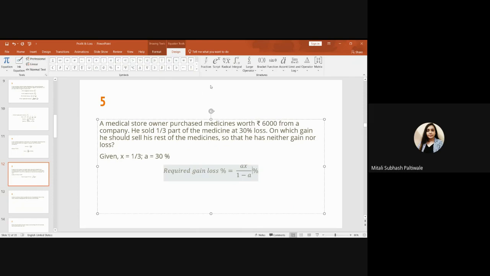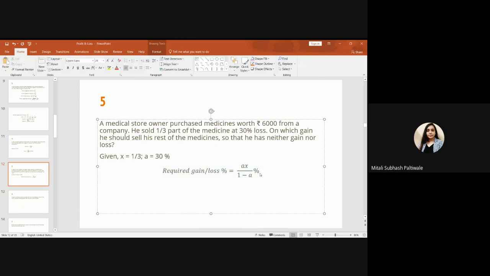That's it. This is the formula. Okay, now let's get on to this and try solving these things off.